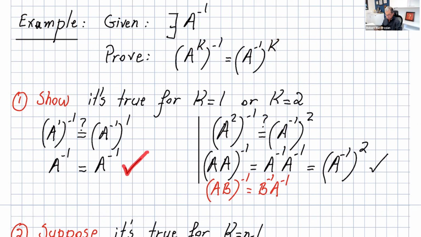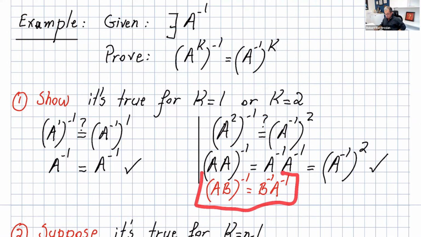Even if you put 2, here you get A squared inverse, and the question is, is that equal to A inverse squared? A squared inverse means A times A inverse, and A inverse squared is A inverse times A inverse. But how can we write A times A inverse?